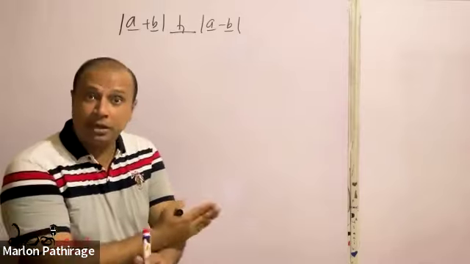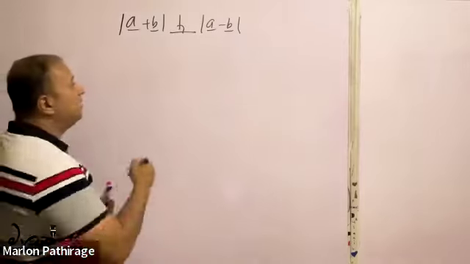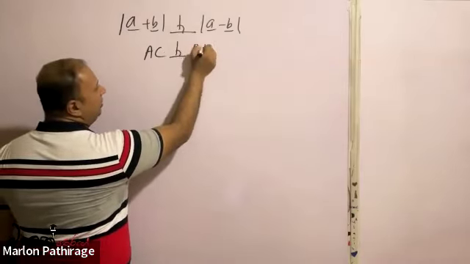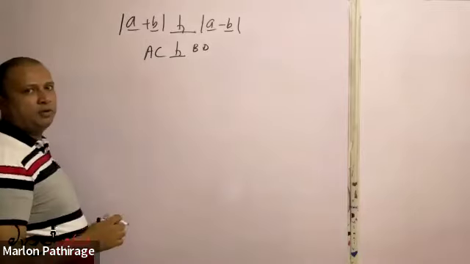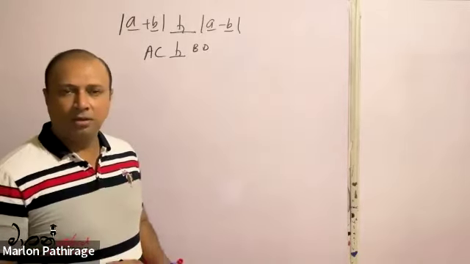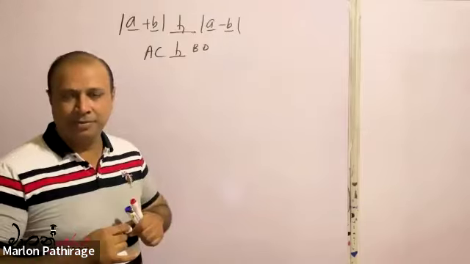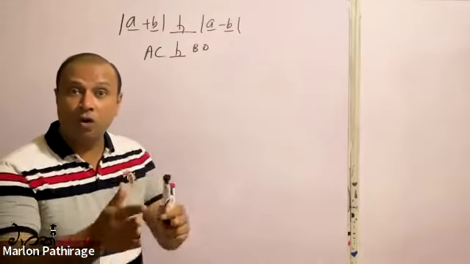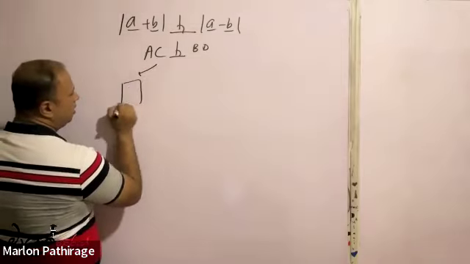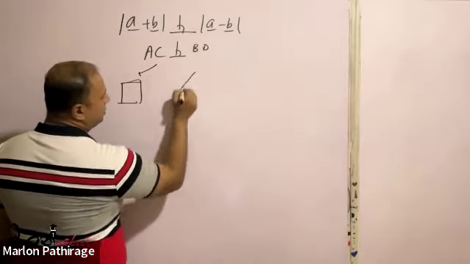Therefore, two diagonals AC and BD are perpendicular. If two diagonals are perpendicular, this parallelogram should be either a square or a rhombus.